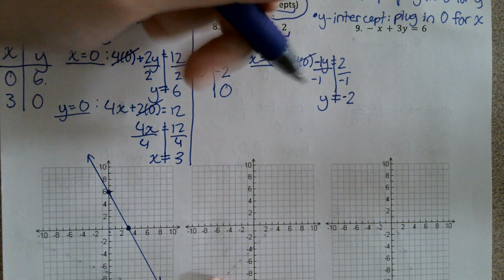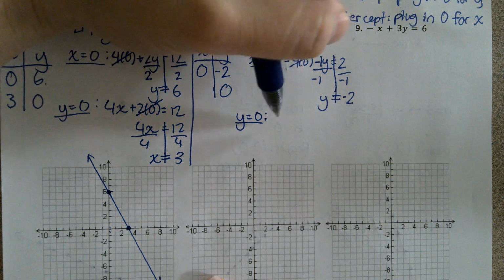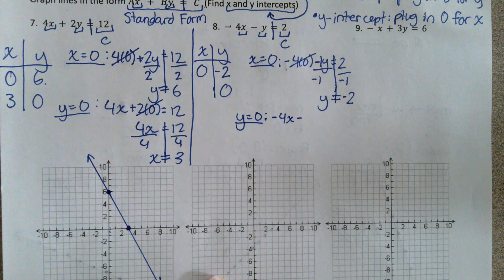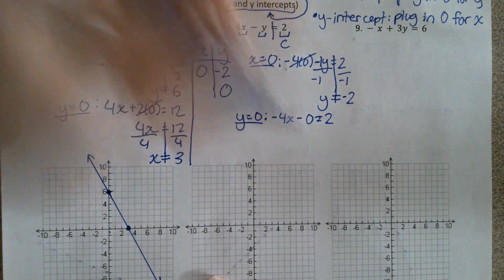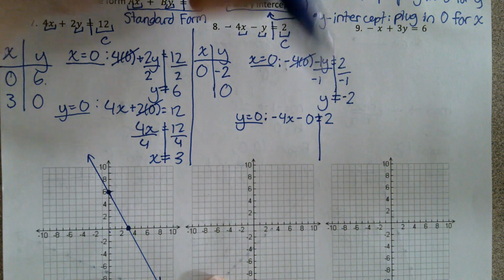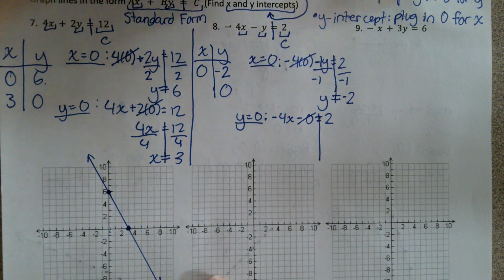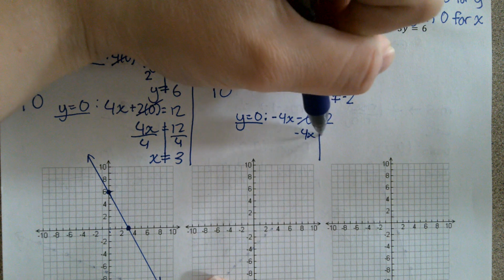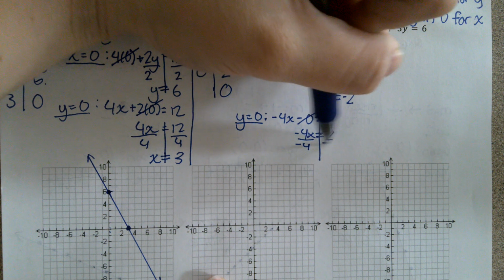And then let's plug in for y equals 0. Here we have negative 4x minus 0 equals 2. The minus 0, we don't have to worry about it. Negative 4x equals 2. Divide by negative 4.